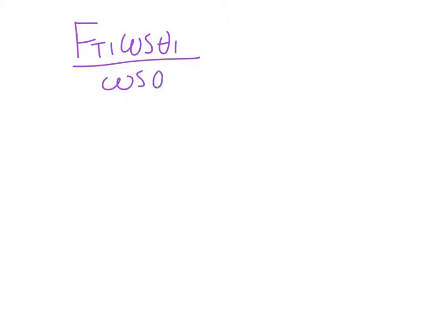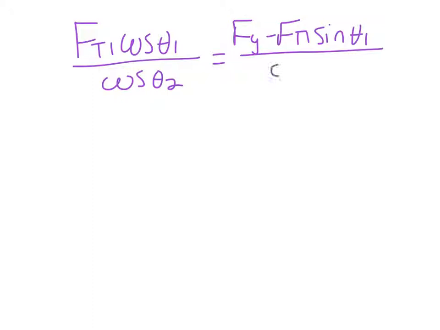So setting the two Ft2's equal to each other, we get Ft1 cosine theta 1 over cosine theta 2 equaling Fg minus Ft1 sine theta 1 over sine theta 2.